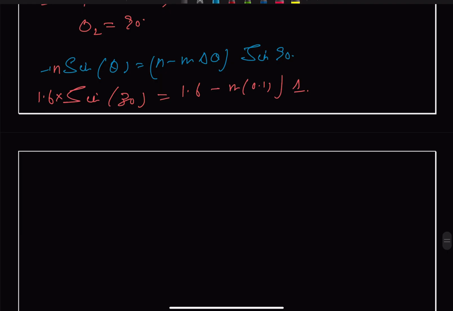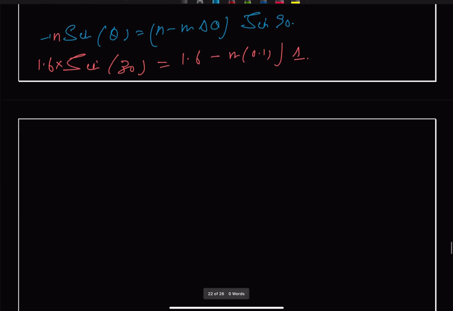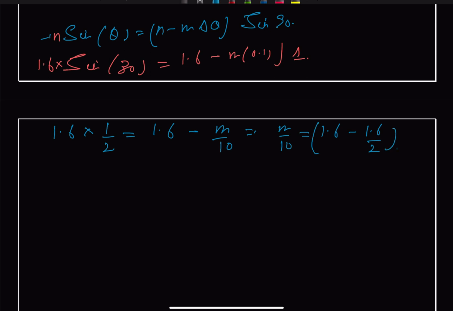Now we can easily solve it for m, and we get this as 1.6 multiplied by 1/2. This goes as 1.6 minus, we are going to have this as m by 10, and we can write that m by 10 is equal to 1.6 minus 1.6 divided by 2.